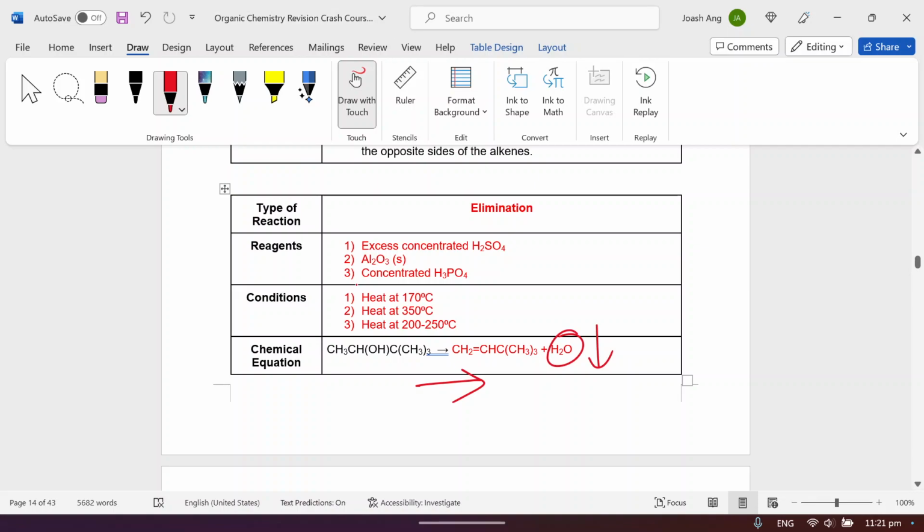Okay, so Al2O3 actually contains Al3+ and O2-. So Al3+ has a very high charge density, and it is able to absorb the water molecule very readily.